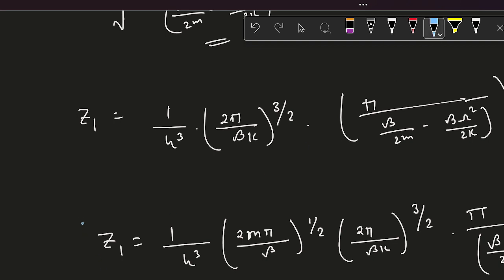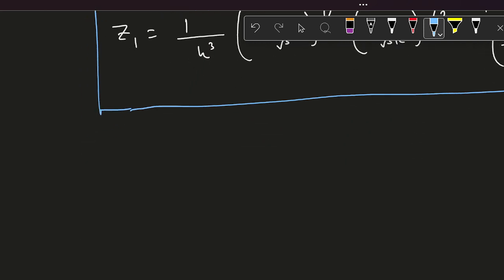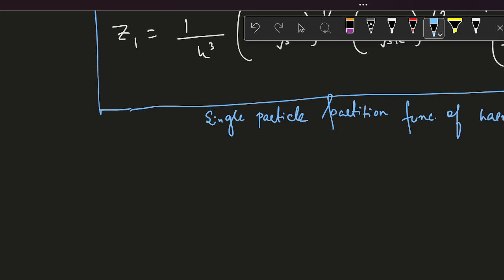So this is the partition function. Our first step has been completed. Now, using the partition function, you can find the average. So this is the single particle partition function of the harmonic trap.